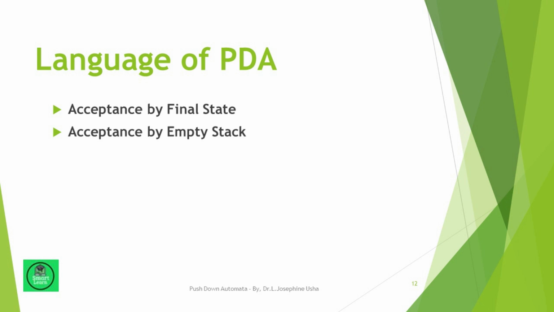In acceptance by final state, after reading the entire input string, if it reaches the final state, we can say the given string is accepted, that is, present in the language of the pushdown automata. In acceptance by empty stack, after reading the entire input string, if it empties the stack, the given string is accepted by the pushdown automata. So it is also present in the language. We will see them one by one.